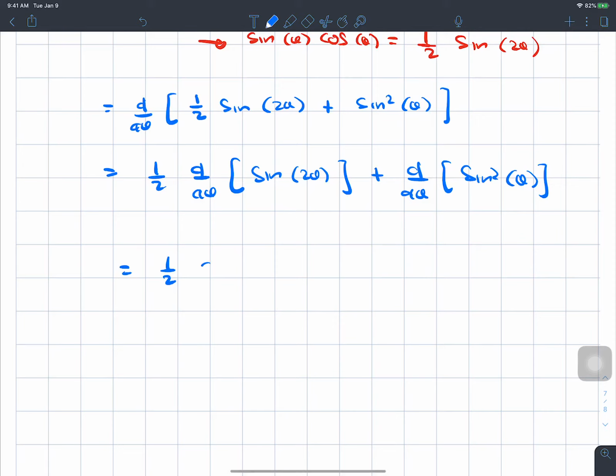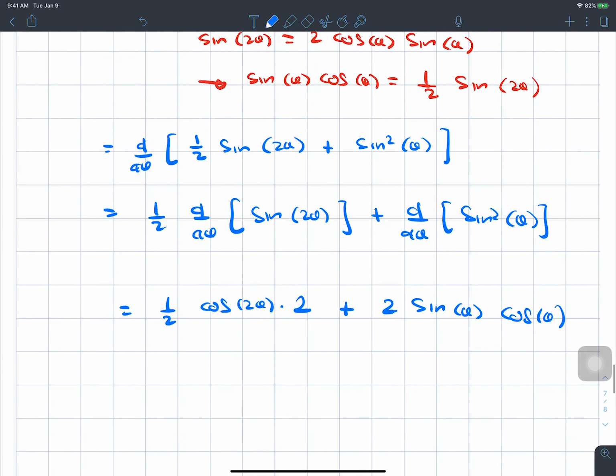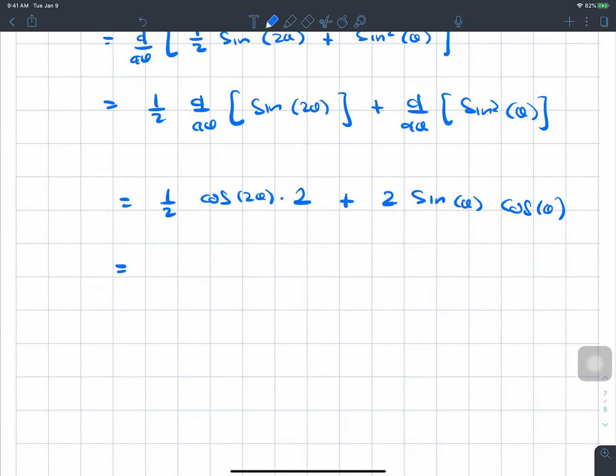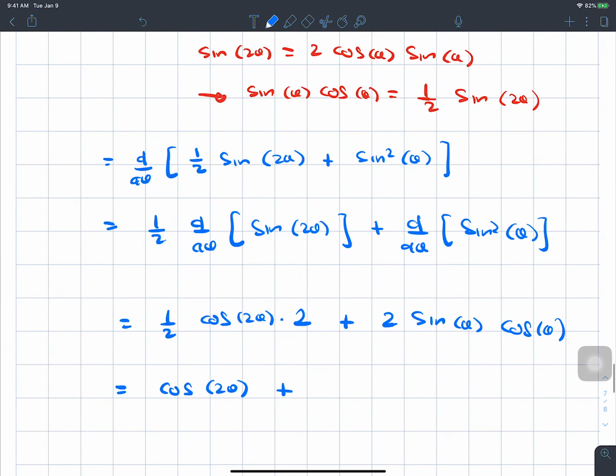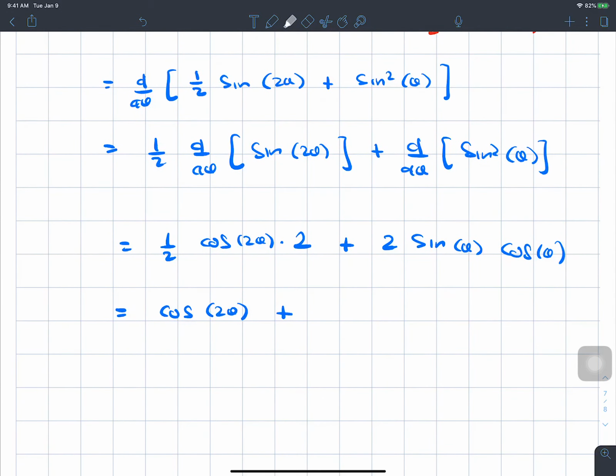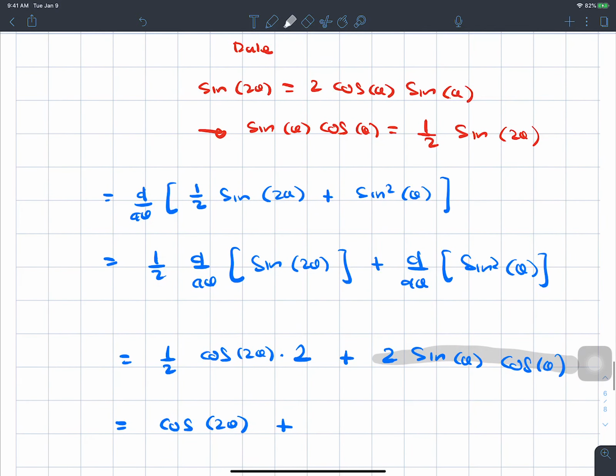Derivative of sine is cosine, and don't forget by chain rule, derivative of 2 theta is 2. And derivative of sine squared is 2 sine theta cosine theta by chain rule as well. So that looks like I have cosine 2 theta here plus, and you say you got 2 sine theta. Don't forget, this is 2 sine theta cosine theta. Well, we replace 2 sine theta cosine theta with sine 2 theta here. That might help.